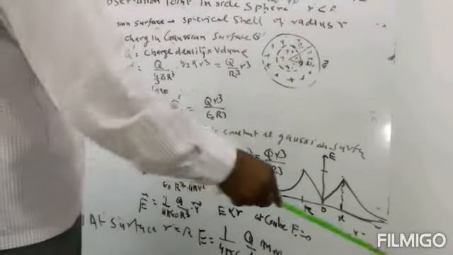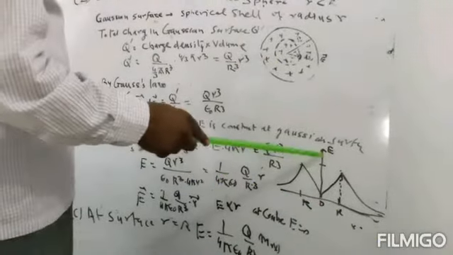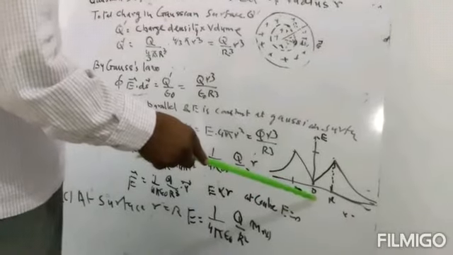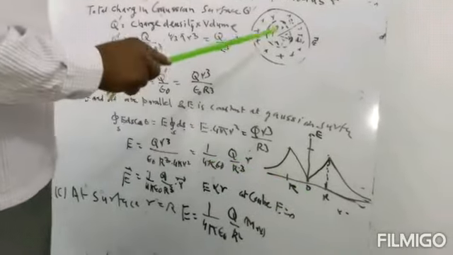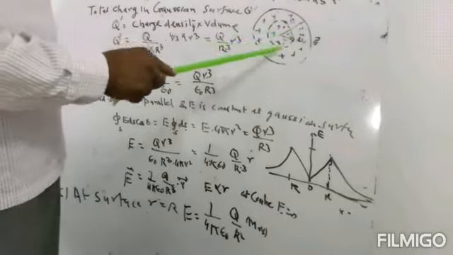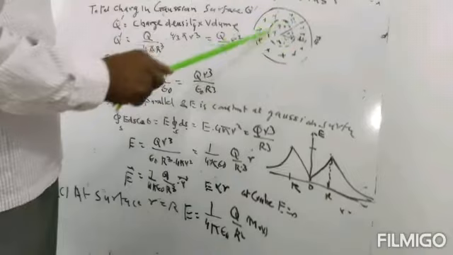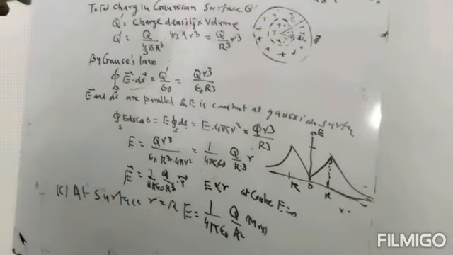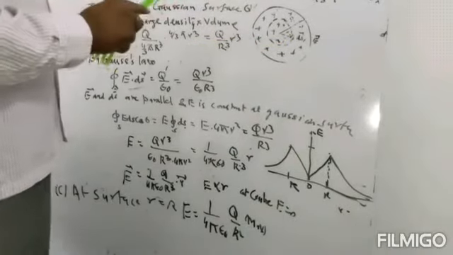So we can plot the graph between electrical field and distance r. At the center the electrical field is 0. Now up to the radius capital R, what will be the electrical field at the surface? At the surface we will substitute small r equal to capital R in this equation.